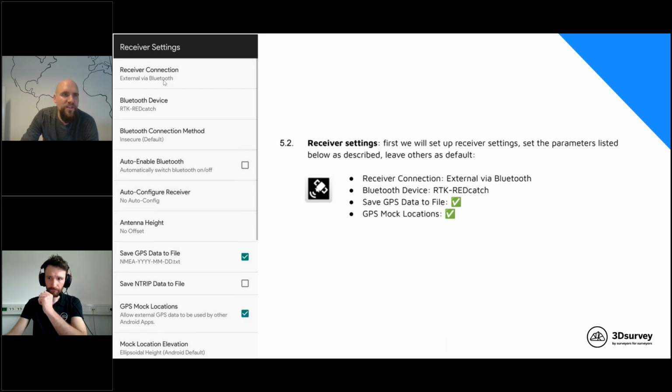For receiver configuration, we will say external via Bluetooth, and then we will select RTK red catch Bluetooth device. We can leave it in unsecure. Offset, we take care of in 3Dsurvey. We can save GPS data to external file, yes or no, it's not important actually, but it is important to then enable GPS mock location, because that will allow sharing location to our app.